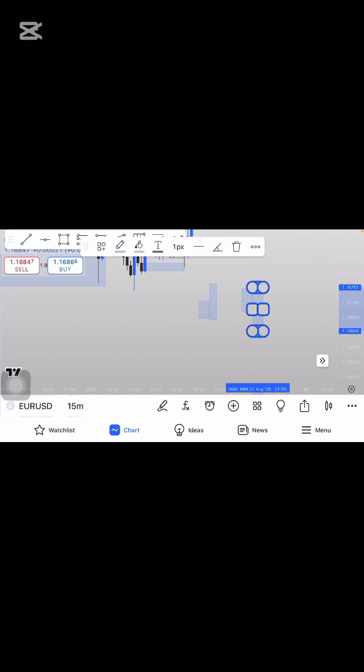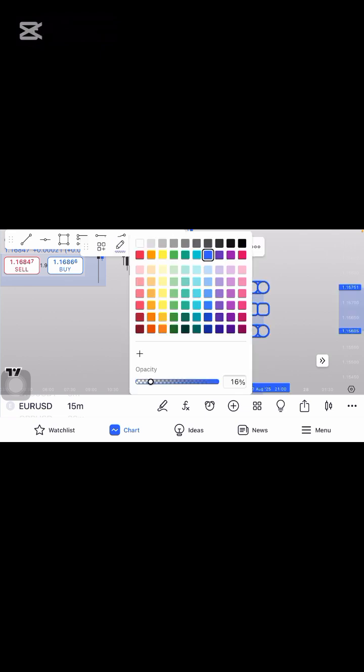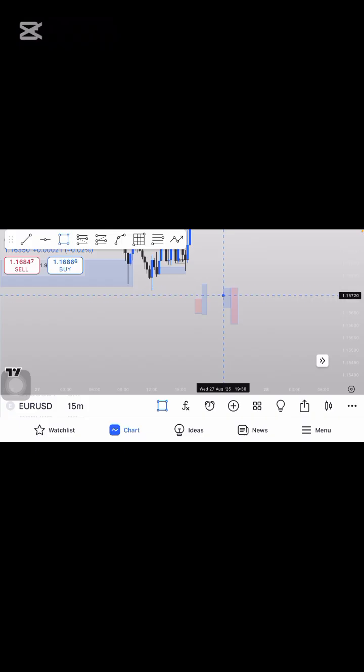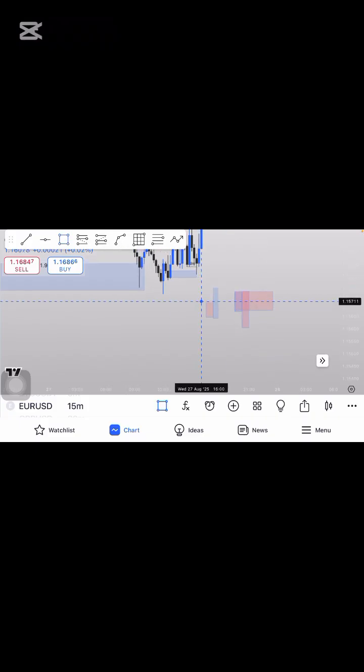This is a bearish order block as red, and this one is a bullish order block as red. Okay. So now if you want to pick entry from this bullish order block, you pick entry from here.